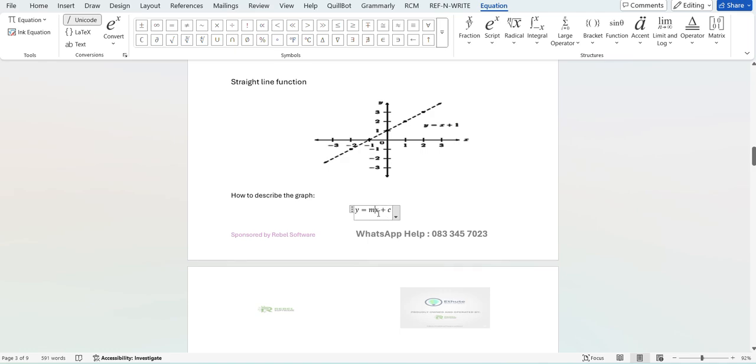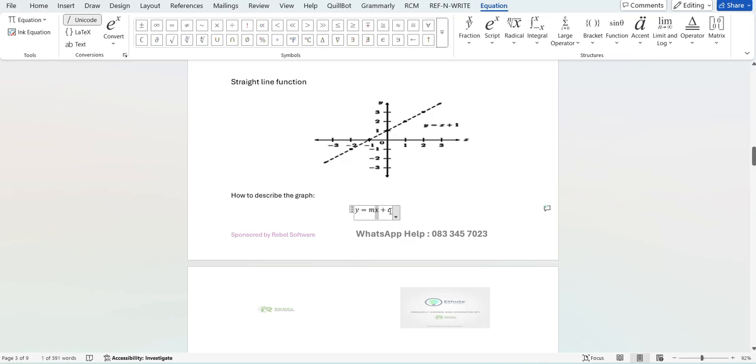Then we have x. Our x is the x-axis. This is our input, the number that you have to input. Then our output will be the y-axis, which we get from using the x-axis.